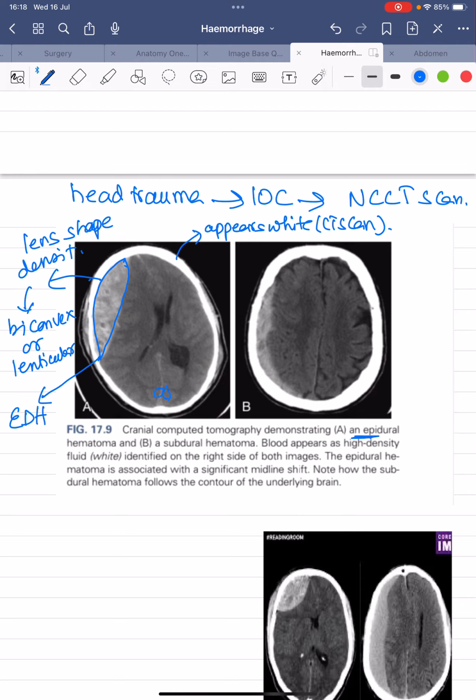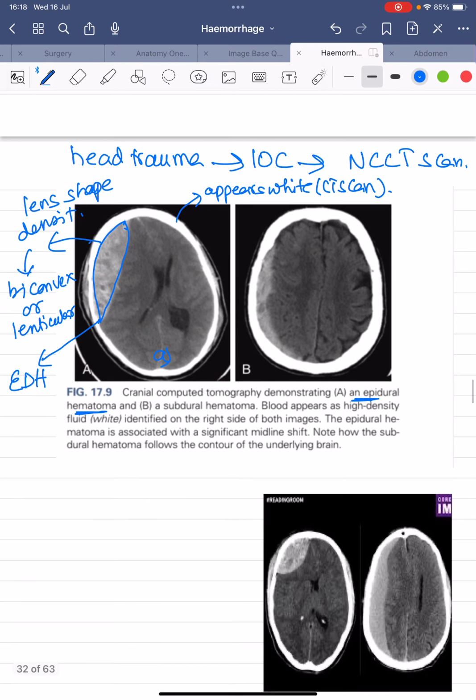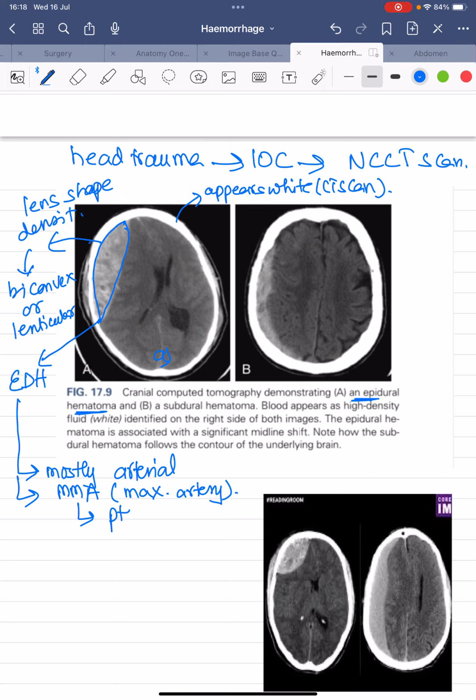Epidural hematoma, please remember, is mostly arterial, and the bleeding is from the middle meningeal artery, which is a branch of the maxillary artery, and this artery passes through a point known as pterion. The patient will develop a lucid interval.